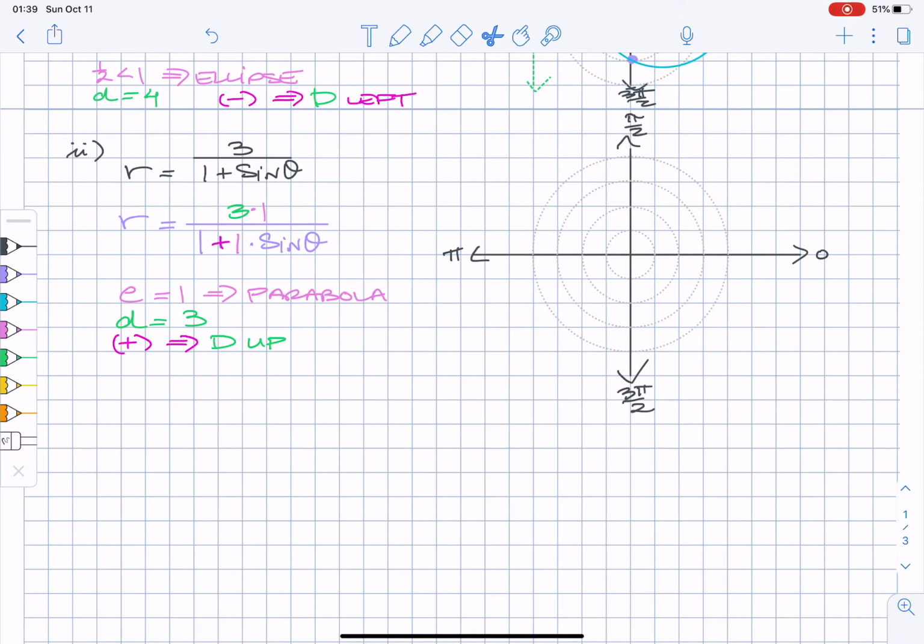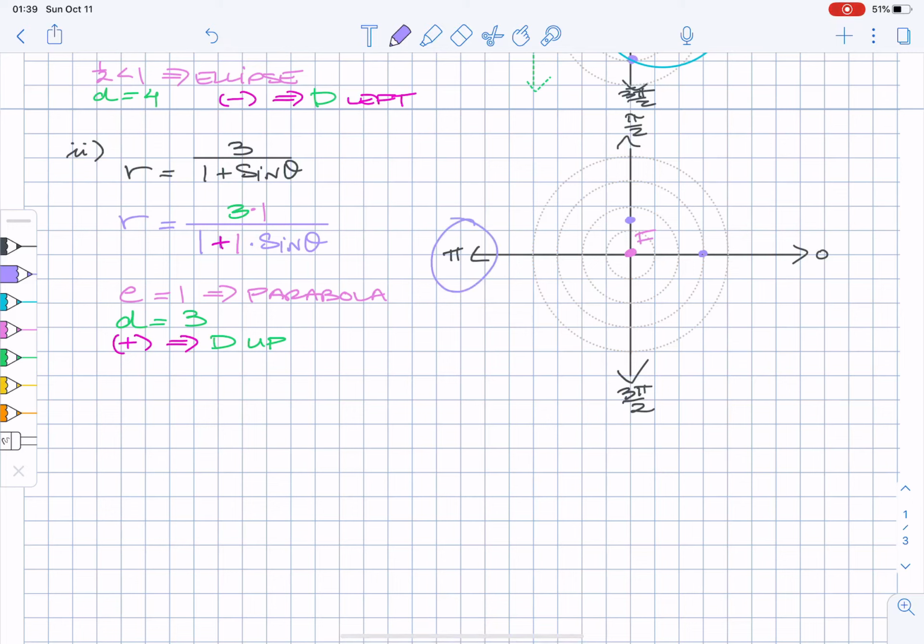Okay, so if I have 0 radians, I know that sine of 0 is 0, so my radius is 3. And remember, there's a focus at the pole. If I plug in pi over 2, sine of pi over 2 is 1, so that gives me 3 halves, so 1 1/2 is my radius in the direction pi over 2.